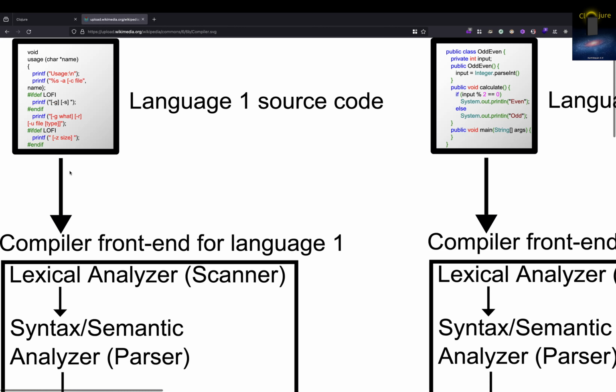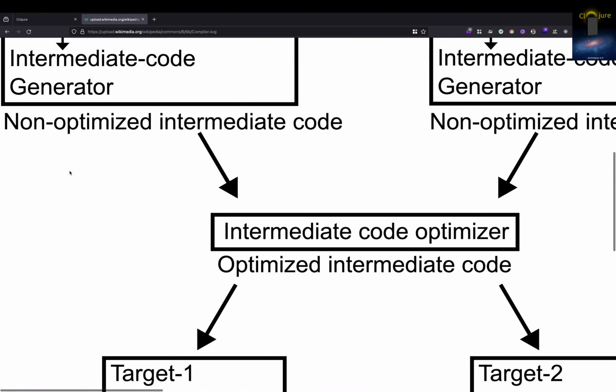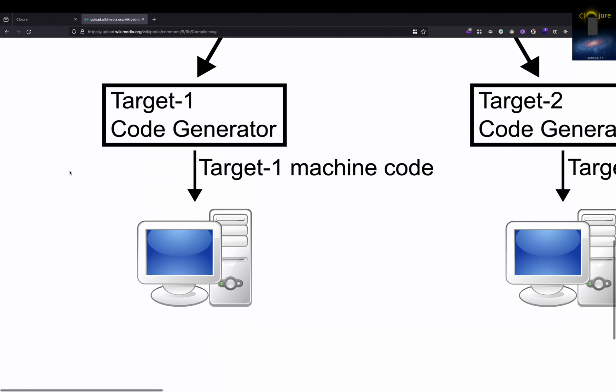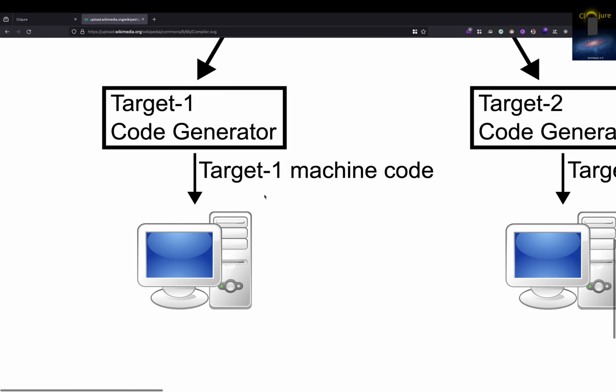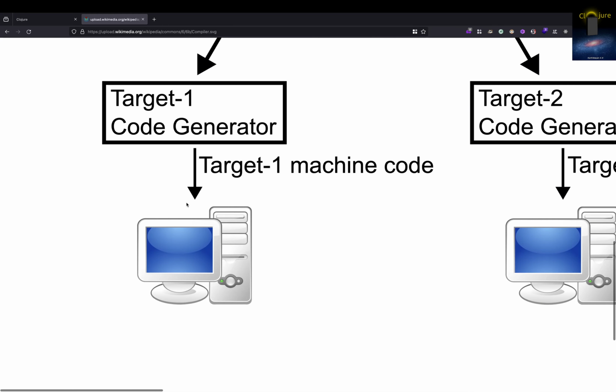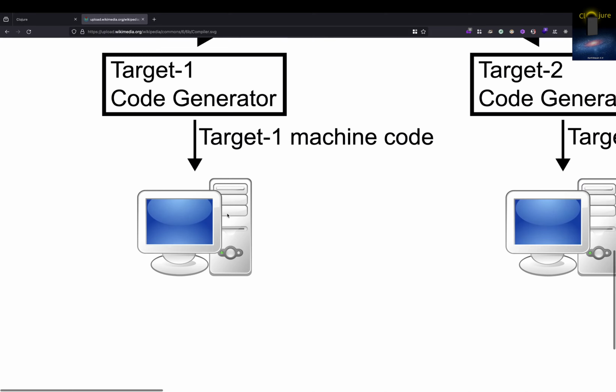Then a lot of steps take place and it finally gets converted into ones and zeros so that it can be executed on a processor.